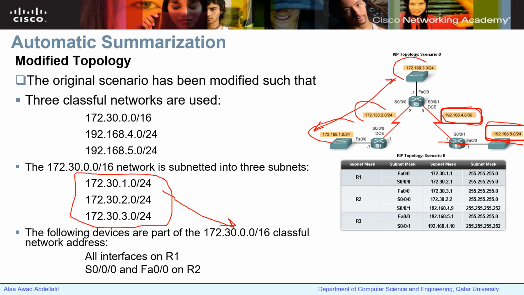You see what automatic summarization does? I summarize different IP addresses that belong to the same classful IP into one IP address. Now why do we do this? What are the advantages of doing this?